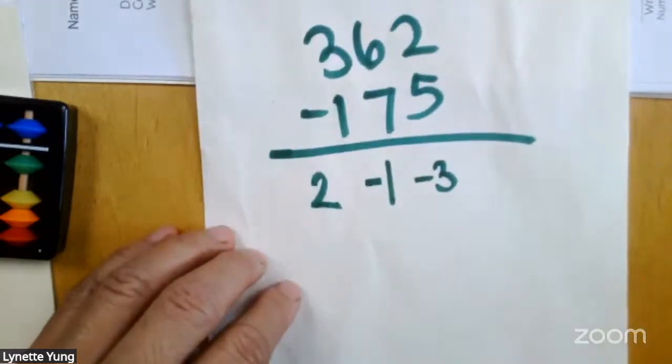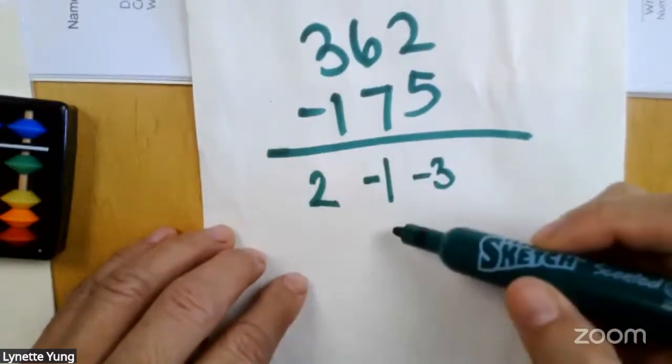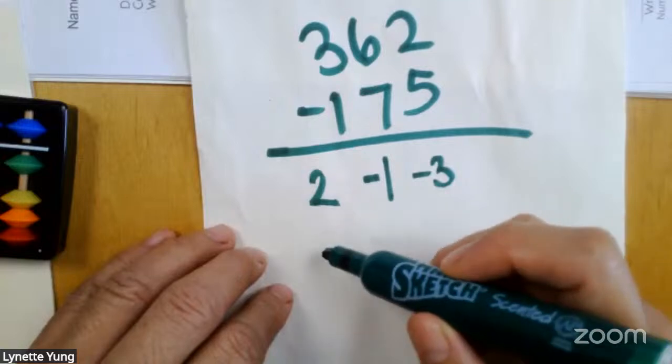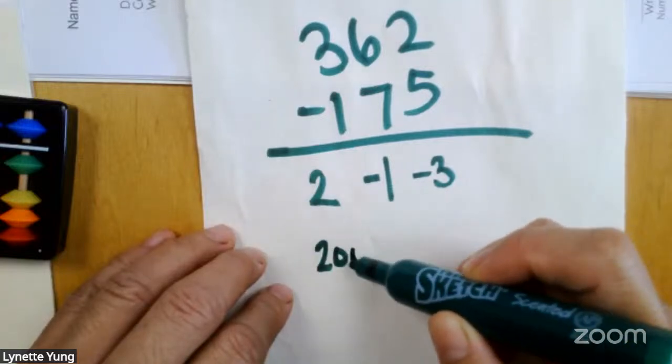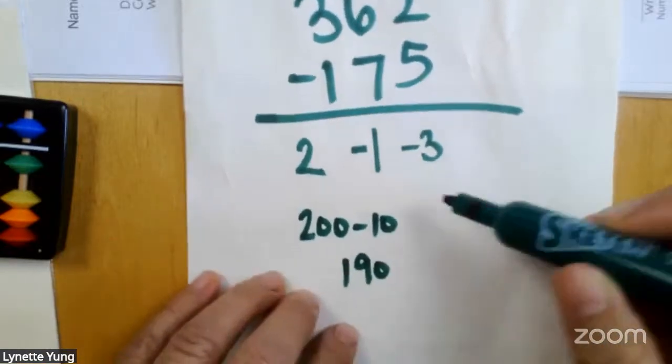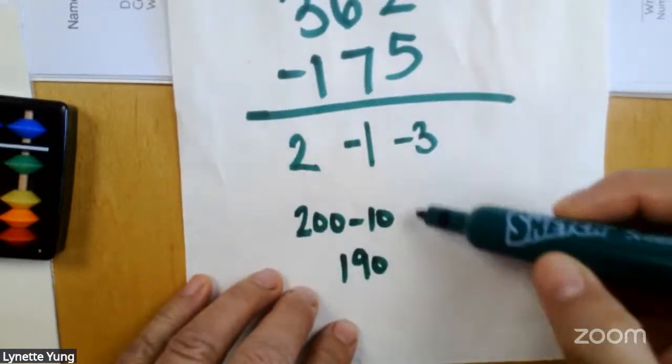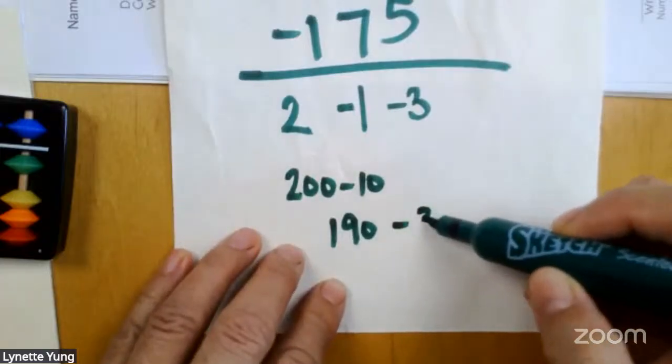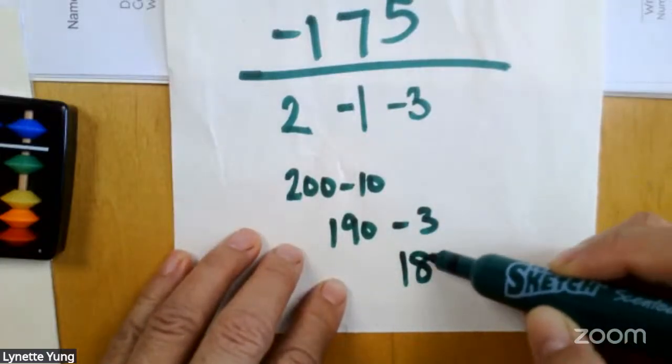And so then what happens is now they subtract it. 200 minus 10 is 190. And then they do the minus 3. Minus 3 is going to give them 187.